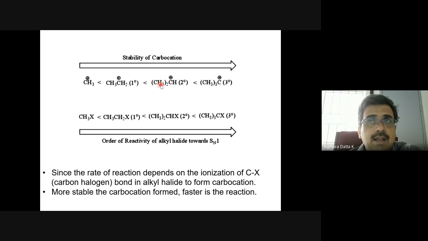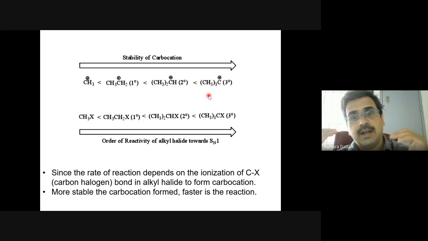And a very important point is that the formation of the carbocation from the substrate is the slow step, and the nucleophile entry and deprotonation are very quick processes.